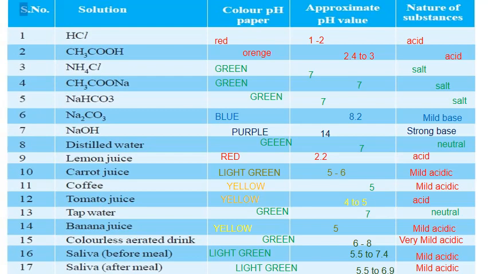If you take the pH paper, that is universal indicator paper, it turns into different colors, and based on those colors you can say the pH values of the substance. So write those approximate pH values and the nature of the substance. How can you say it is acidic? If the pH is 1 to 7. How can you say it is basic? The pH is from 7 to 14.